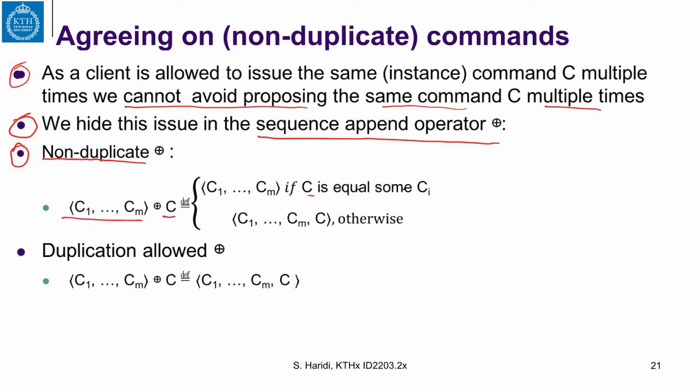And if the command is already in the sequence, we just return the same sequence. Otherwise, we extend the sequence with a new command. This is a so-called non-duplicate append operator.